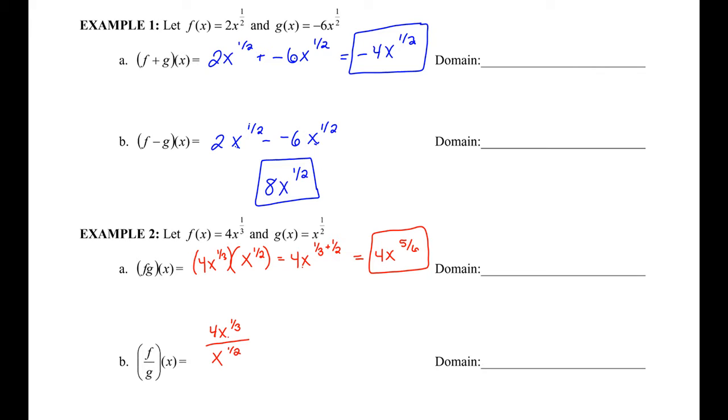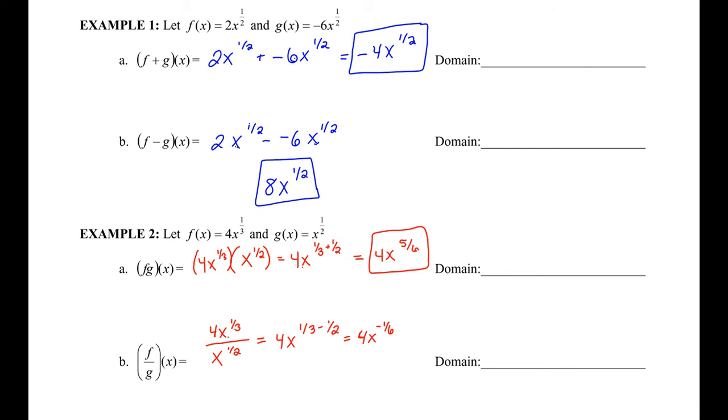So once again, I'm using the properties of exponents, which tells me if I have the same base of x in both the numerator and the denominator, that I can take the exponent in the numerator and subtract the one in the denominator, which leaves us with 4x to a power of negative 1/6.